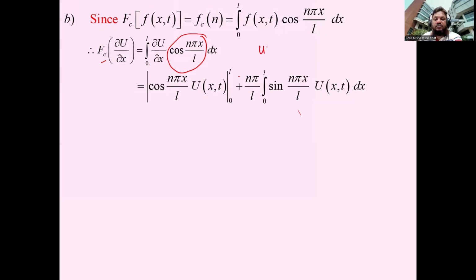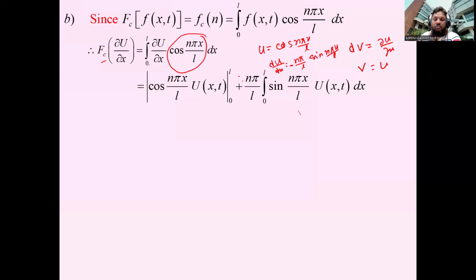Here u is cos n pi x by L, and dv equals del u del x. So v will be u, the integration. And du dx will be n pi by L sine n pi x by L with a negative sign.